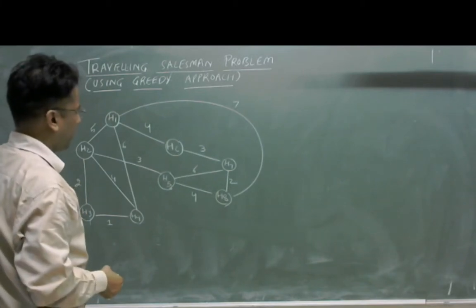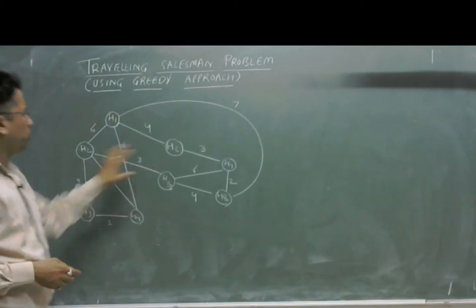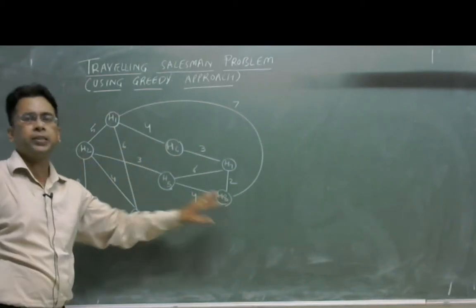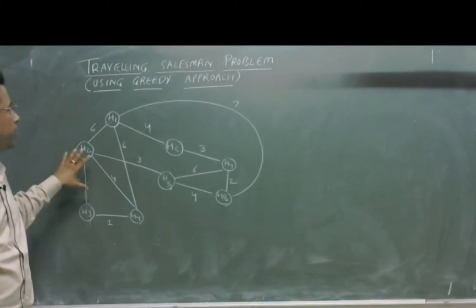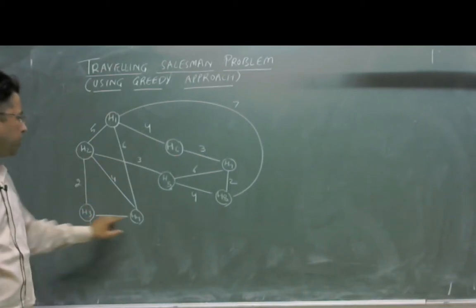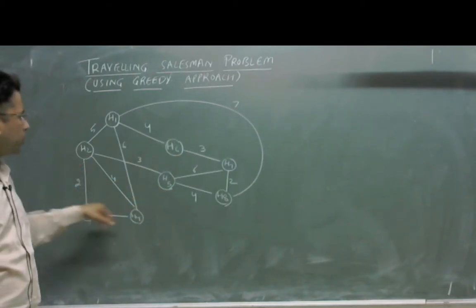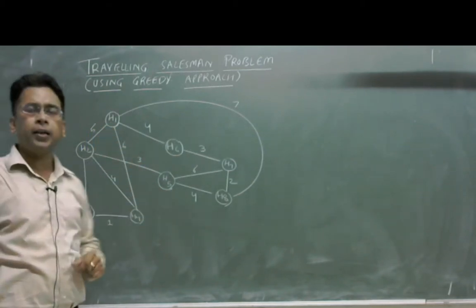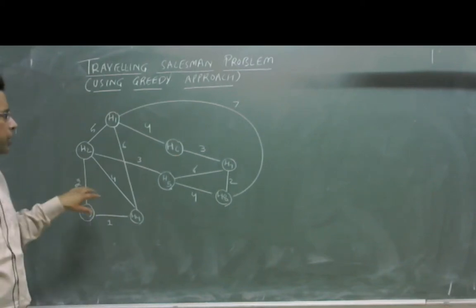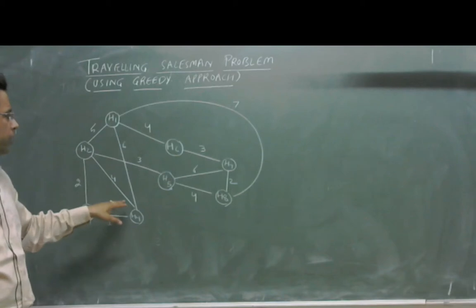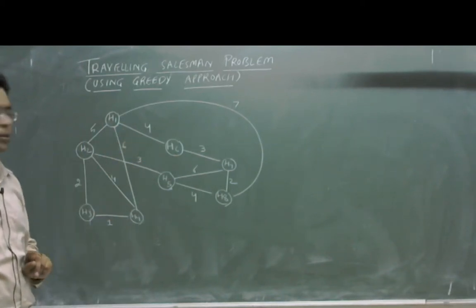So suppose there are 8 cities, H1, H2 up to H8, these nodes represent the cities, and our postman, the salesman, has to travel these 8 cities, and he has to travel all the cities so that he visits a single city a single time, and after covering all the cities, he travels the minimum distance.